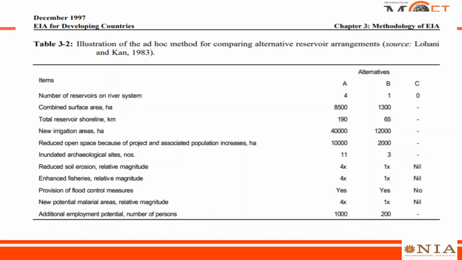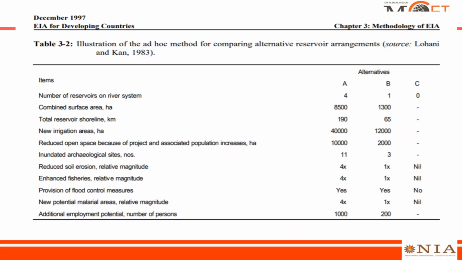Irrigation area is about 40,000 hectares in A, while in B it's only 12,000 hectares, right? The inundated sites, the area that is going to get flooded, will be 11 in A, but only 3 in B, right? The enhancement of fisheries will be 4 times in A, 1 time in B.